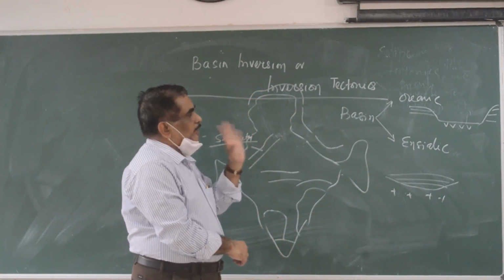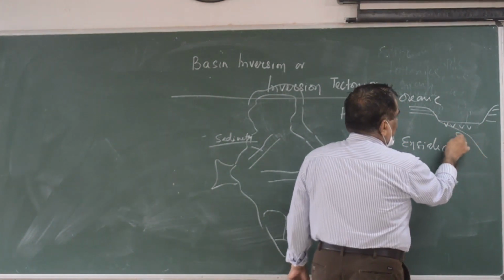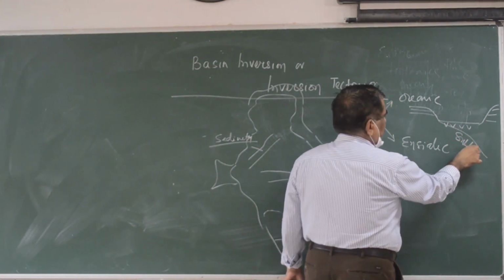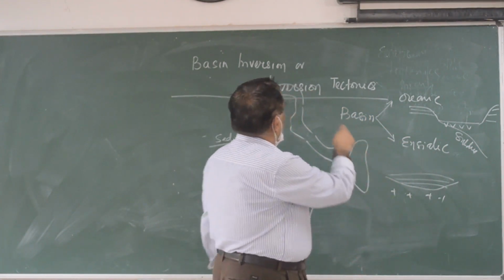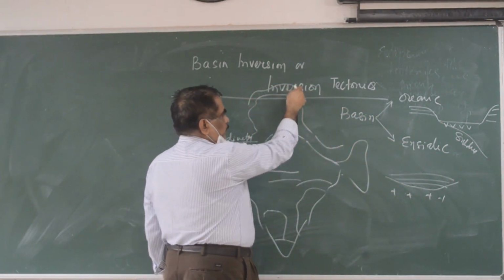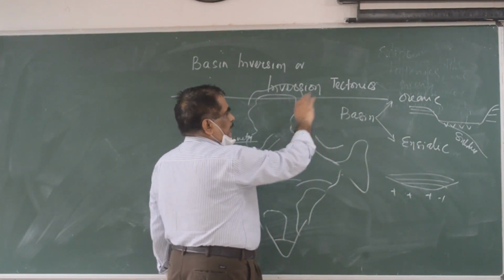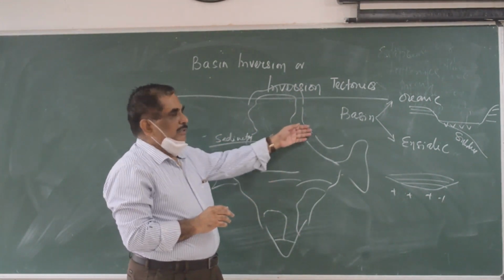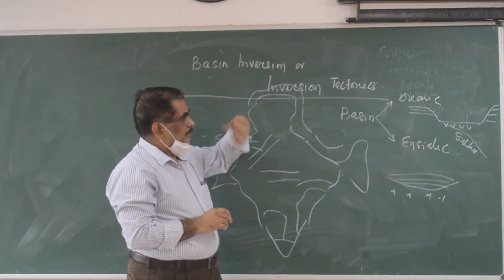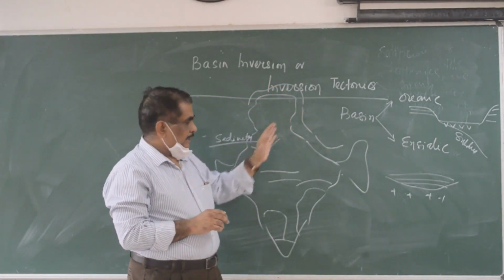Now oceanic basins were closed. Oceanic basins were closed by subduction. Then mountain belts were formed, like the Himalayan mountain belt. So the Tethys Ocean was existing here, so the Tethys Basin was existing here, so sediments were deposited. Later on, subduction happened, continental collision happened, so the mountain belt formed.